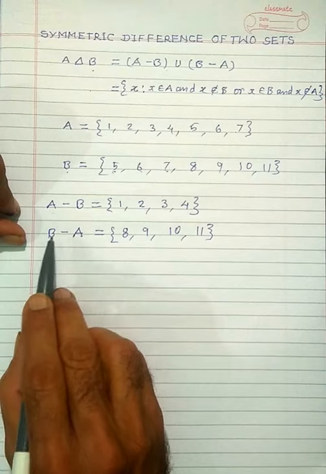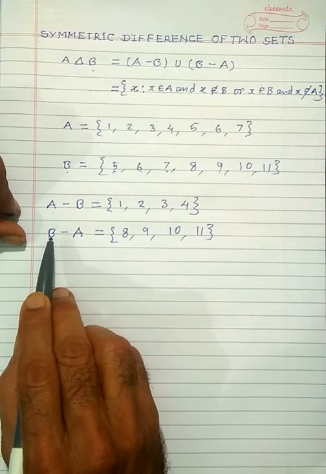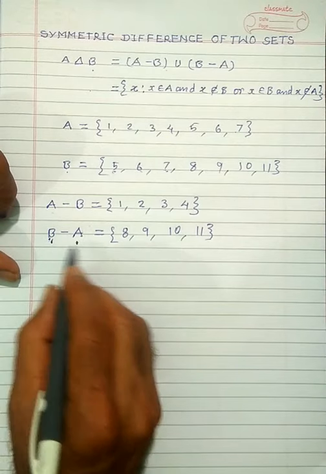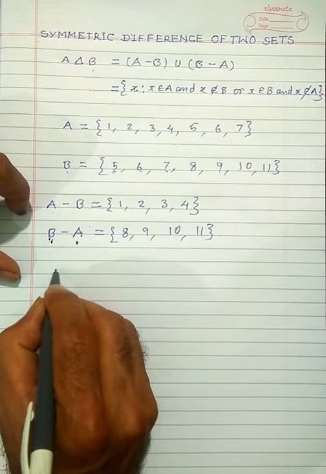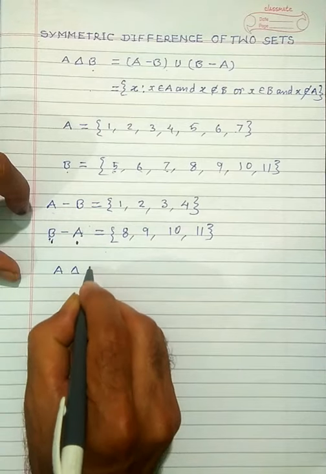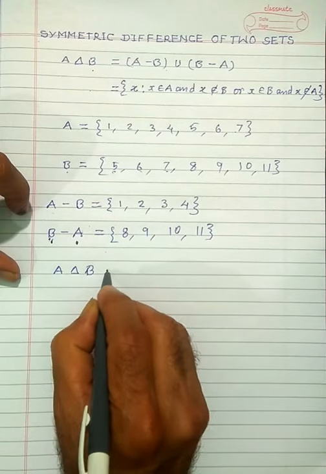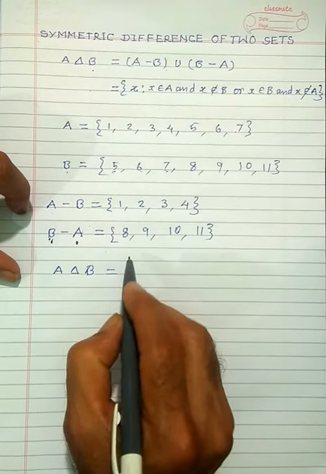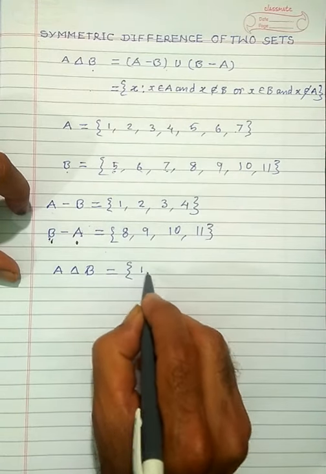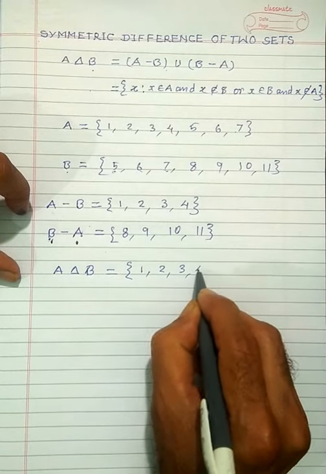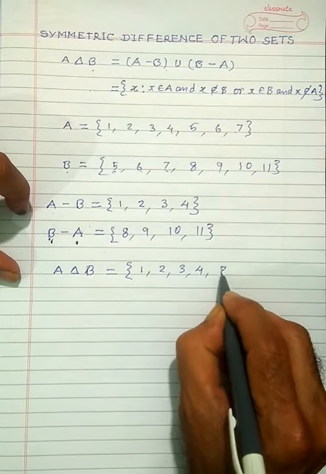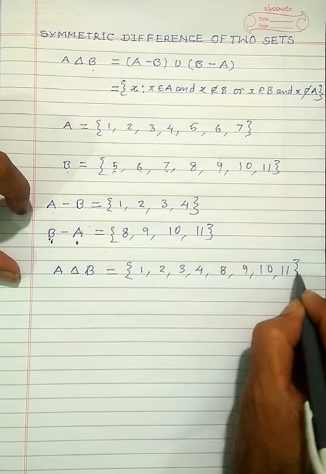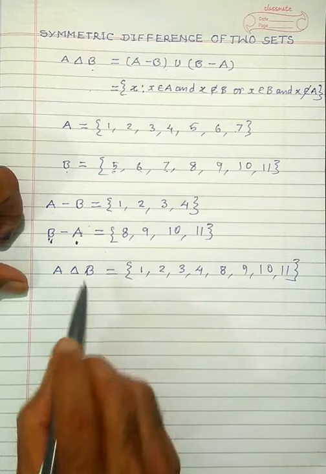This is B minus A, all those elements of B which are only in B and not in A. Now, the symmetric difference of A and B, A delta B, is the union of these two sets as defined here. Therefore, A delta B is {1, 2, 3, 4, 8, 9, 10, 11}. Thank you.